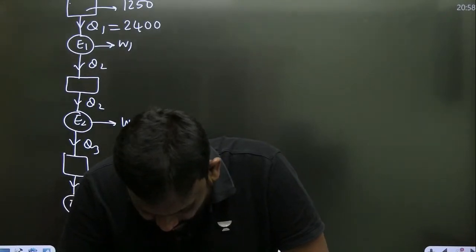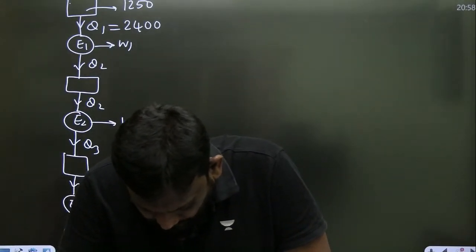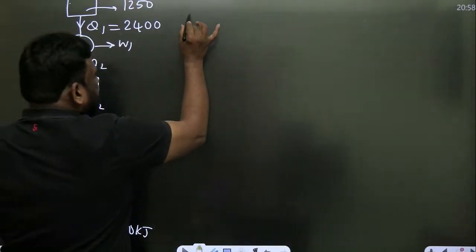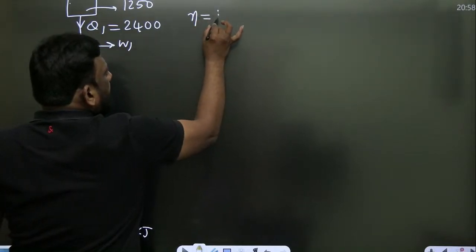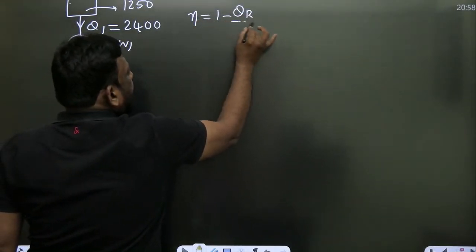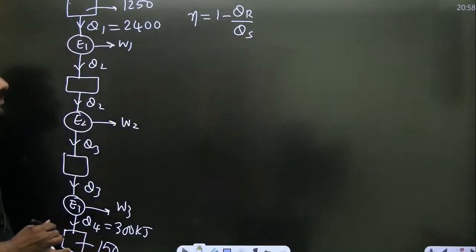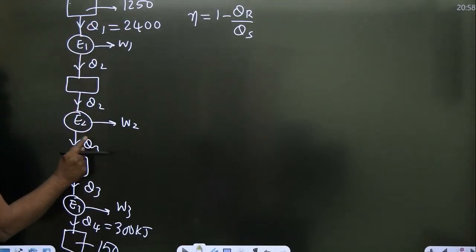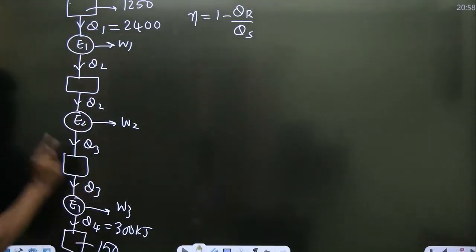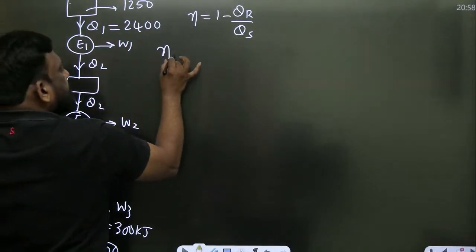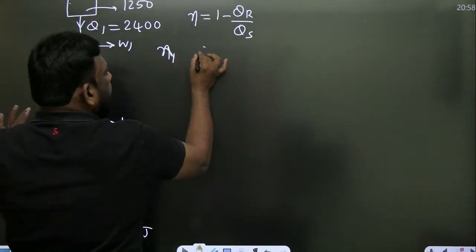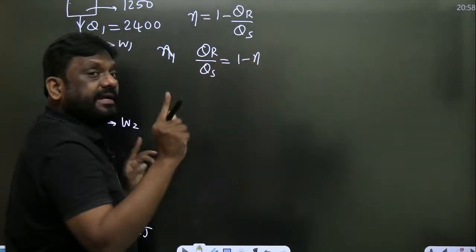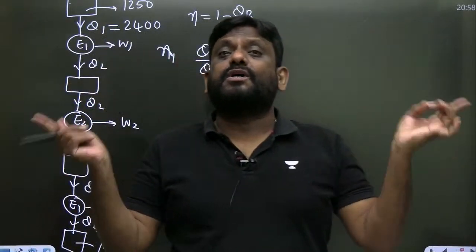Now let's move ahead, sir. Can I write efficiency is equal to 1 minus heat rejection by heat supply? Yes, you can write it, sir. For the first engine, this is rejection, this is supply. For the second engine, rejection, supply. For the third engine, rejection, supply. I am not writing efficiencies in terms of temperatures because it is not reversible.